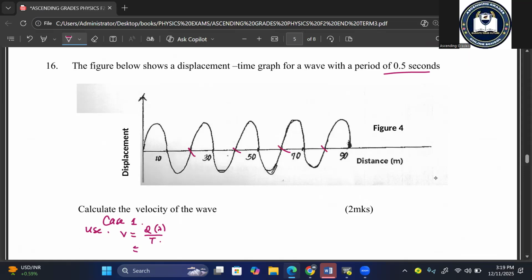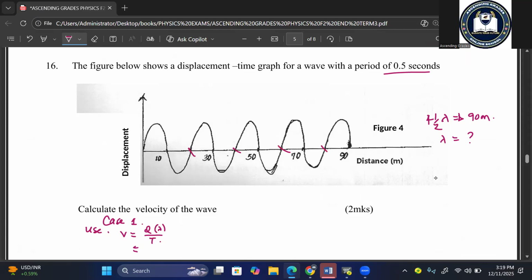You can see in our diagram, we are having 4.5 complete wavelengths covering a distance of 90 meters. So what about a single wavelength?